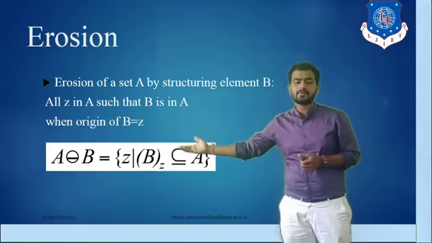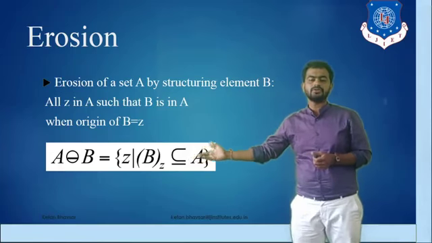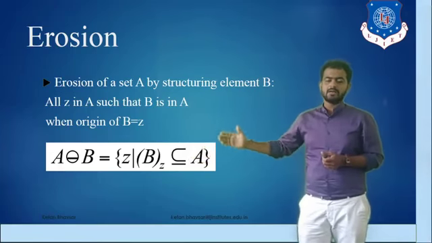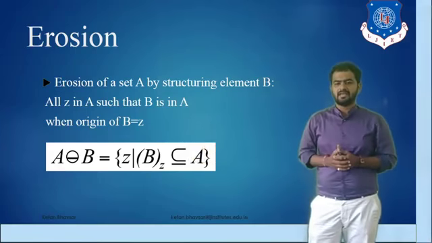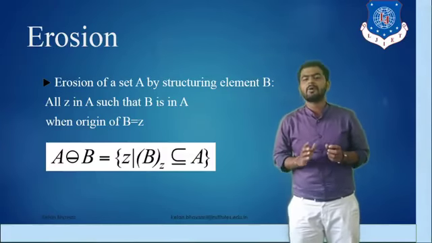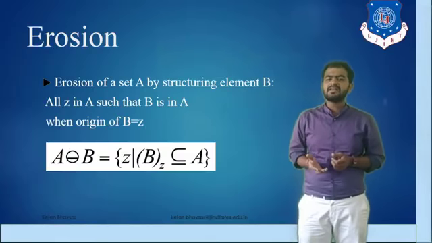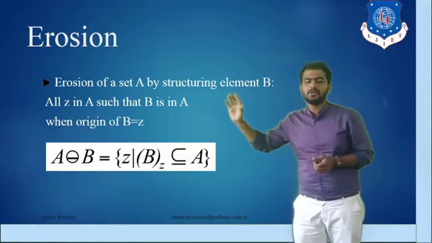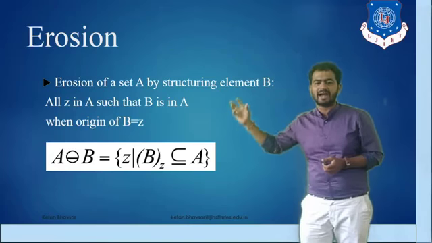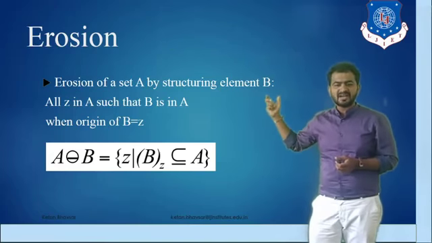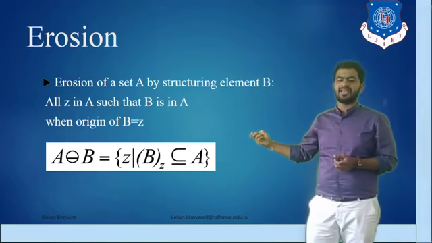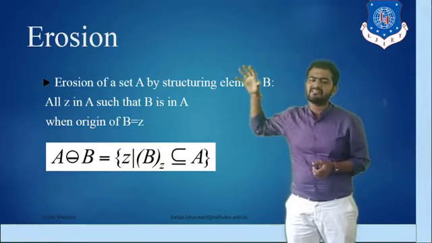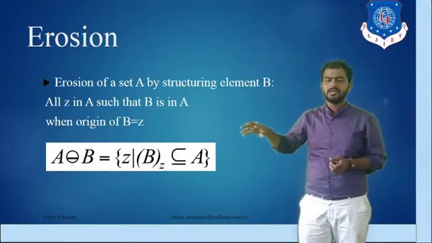The symbol for erosion is: z such that B sub z is a subset of or equal to A. These are the mathematical terms about erosion. Similarly, erosion of set A by element B, all the z in A such that B is in A, means B is already available inside A, right? So we can use an erosion based operator.